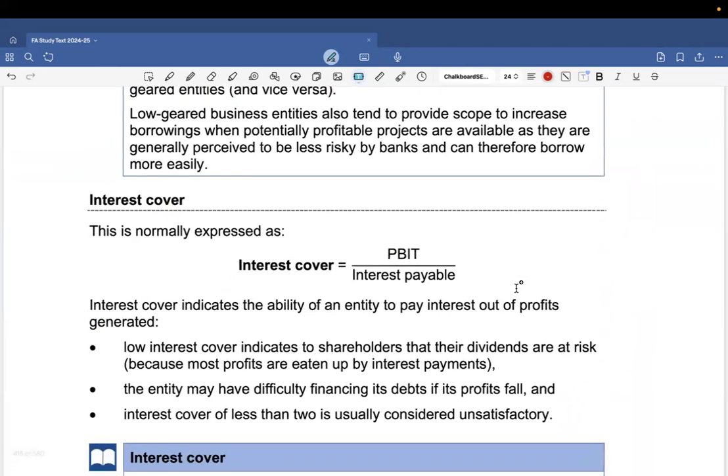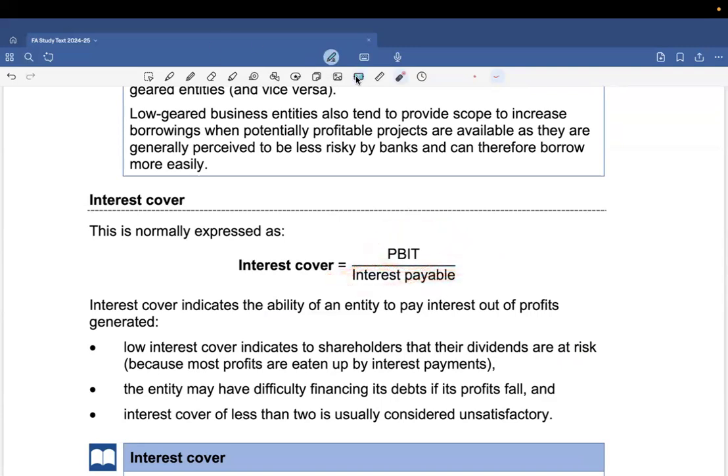Next one, ICR, interest coverage ratio. So what is ICR? ICR basically measures how many times your company can pay interest out of the profit it earns. Understood? Okay. So the equation is PBIT divided by interest. Understood?